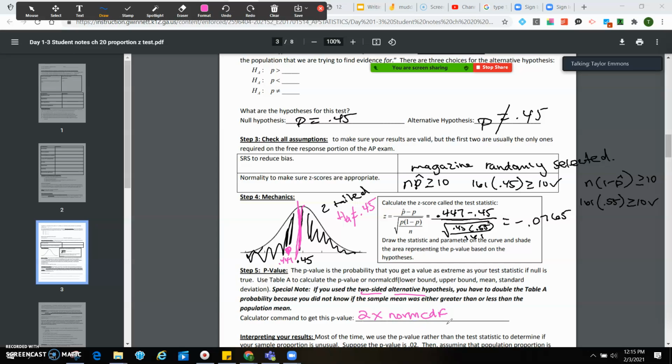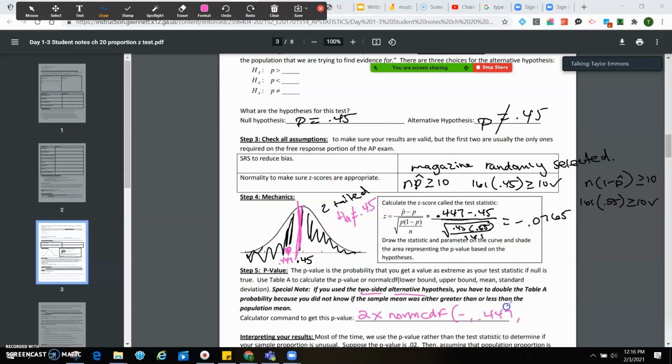The way you get that is you hit in your calculator, second var, scroll down to normal CDF. And so our lower bound could be negative infinity, but we could also put 0 because it could have no odds, right?